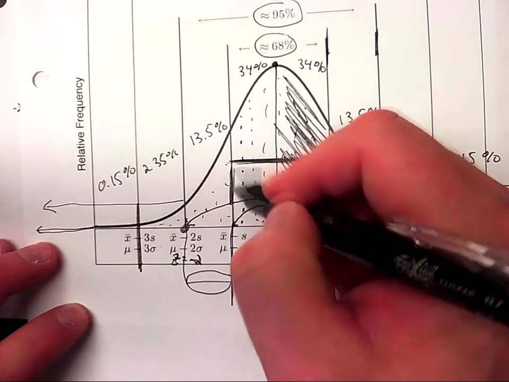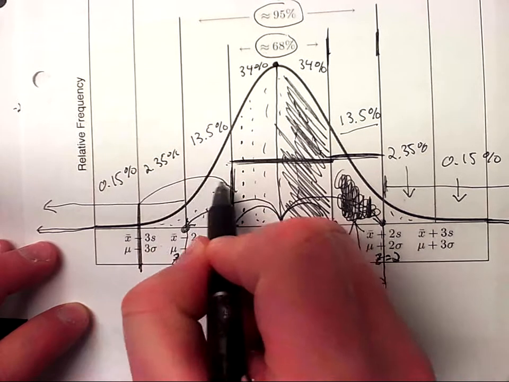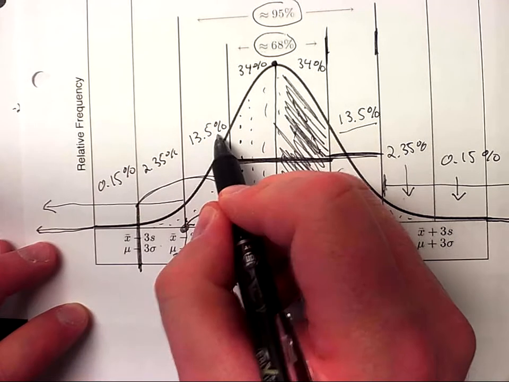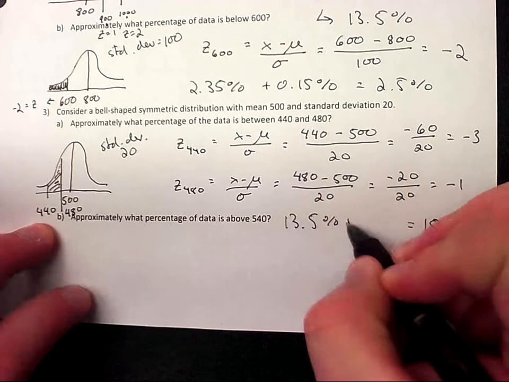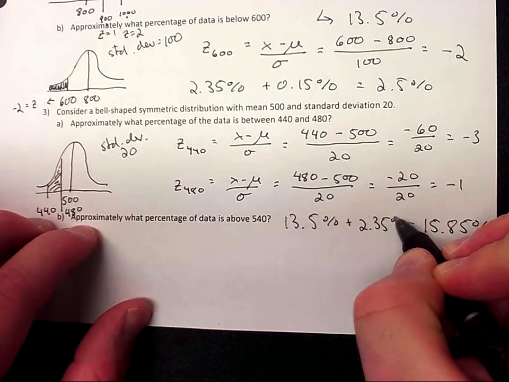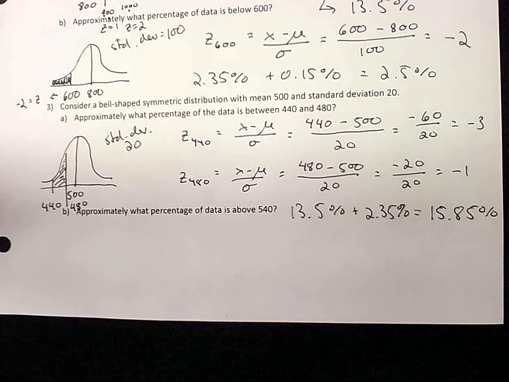A z-value of negative 1, we're right here. In between these two cutoffs, we have both 13.5 and 2.35. So here we're going to have 13.5% plus 2.35%. And if you do the arithmetic correctly, you end up with 15.85%.